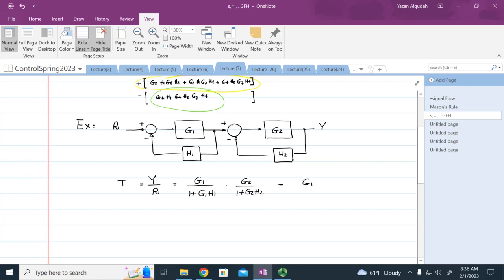So what is the overall transfer function? G1 G2 over, when we multiply these together, 1 plus G1 H1 plus G2 H2 plus G1 G2 H1 H2.